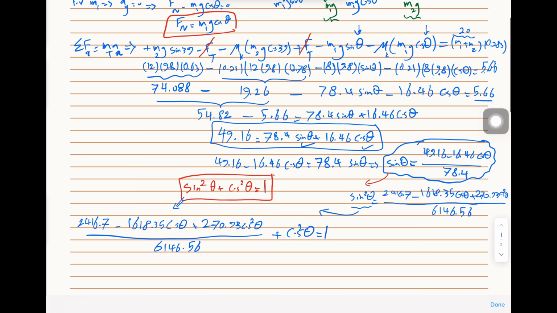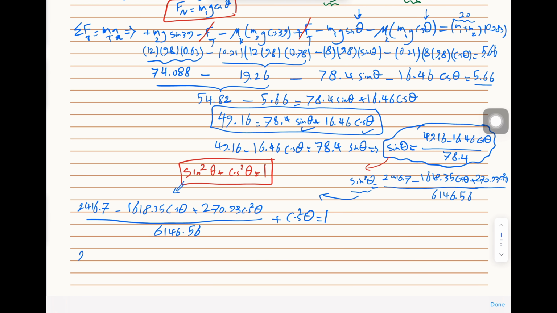So then I'll have this 2416 minus this cosine theta plus 270.93 cosine squared theta plus 6000 cosine squared theta equals 6146.56.